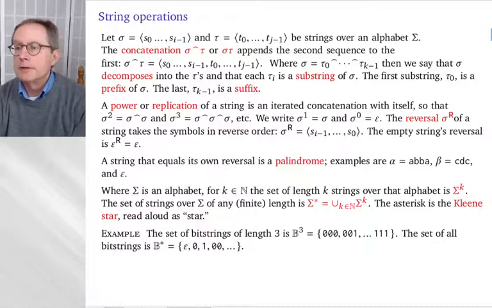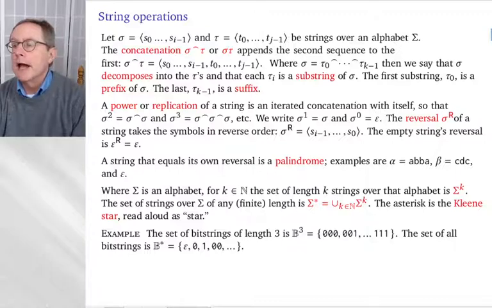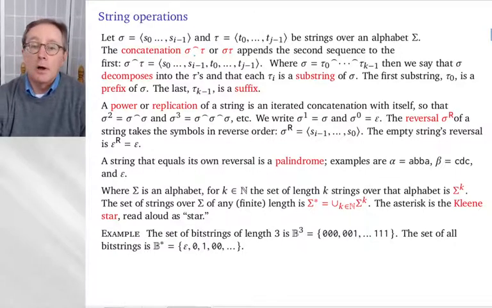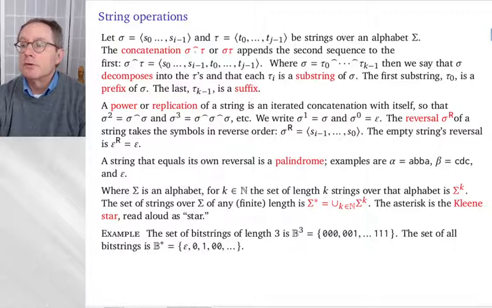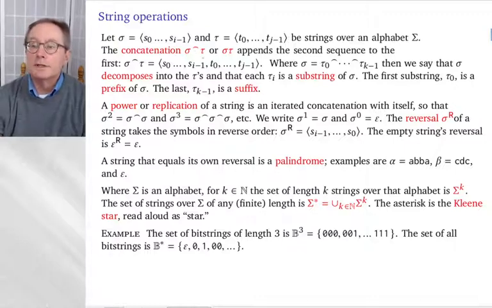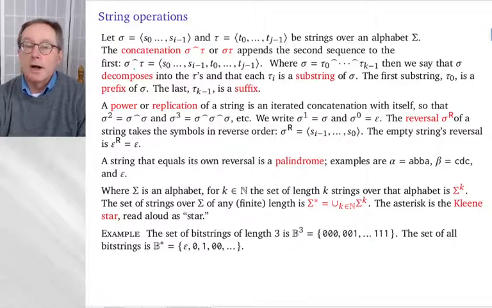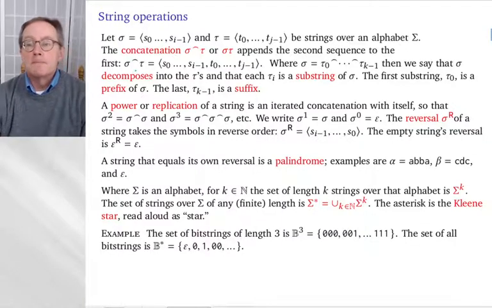Okay, string operations. If you give me two strings, sigma and tau, then the concatenation is where you just append them together. Sometimes you write what looks like a little frowny symbol, or sometimes you just simply write the one next to the other. The frowny symbol is sort of more distinct. So if you want to say, don't mistake that there's a concatenation here, you might use that symbol.